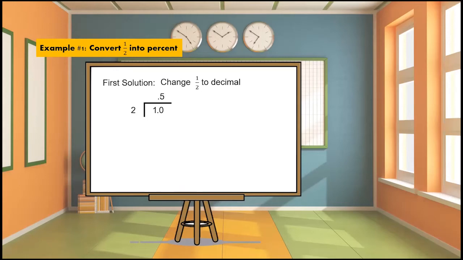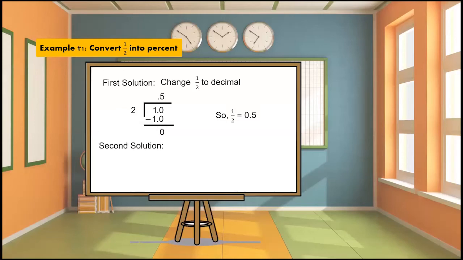The quotient is 5. Then multiply 5 by our divisor 2. This will give us a product of 10. And we will get the difference. 10 minus 10 gives us a difference of 0. So therefore, 1/2 is equal to 0.5, or 5/10.